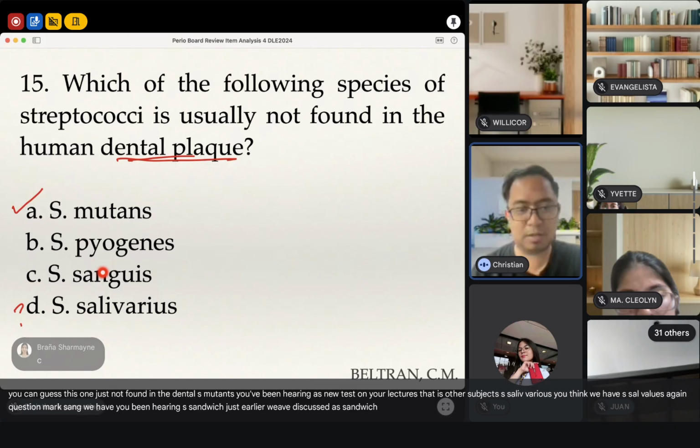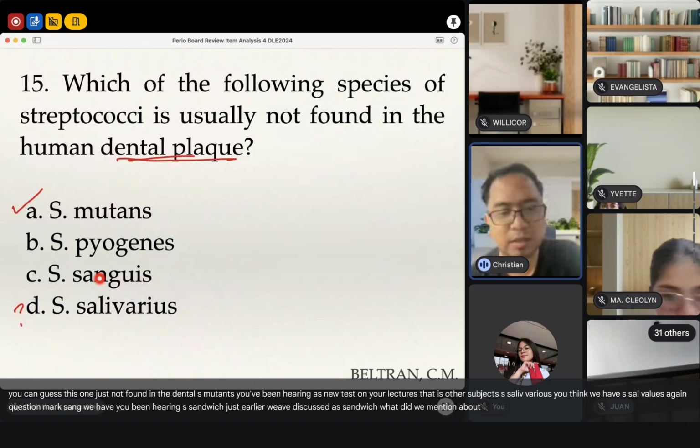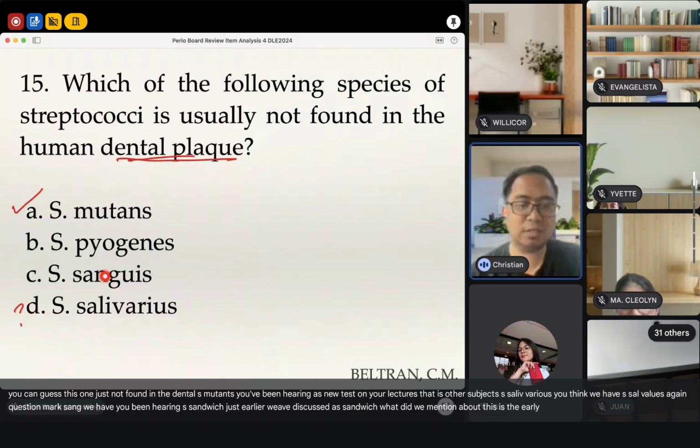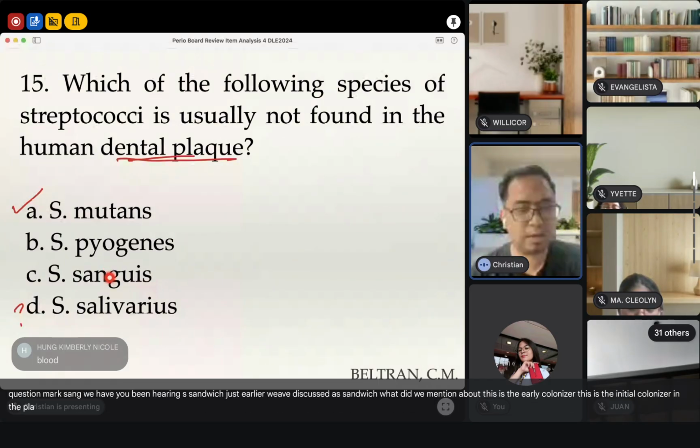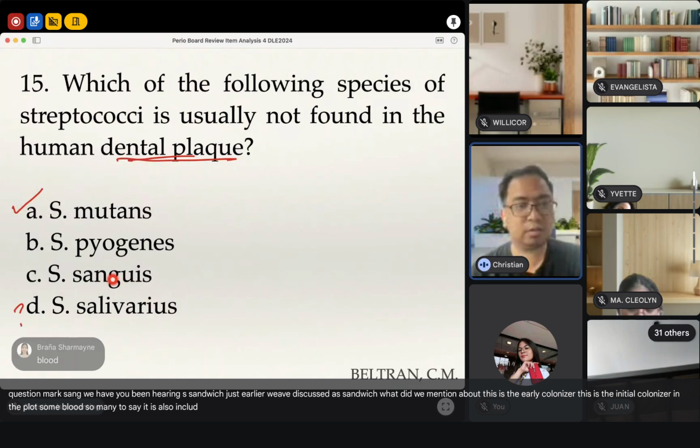S. sanguinis. What did we mention about S. sanguinis earlier? This is the early colonizer. This is the initial colonizer in the plaque, on the pellicle, di ba? So meaning to say, it is also included. You can find this, di ba?